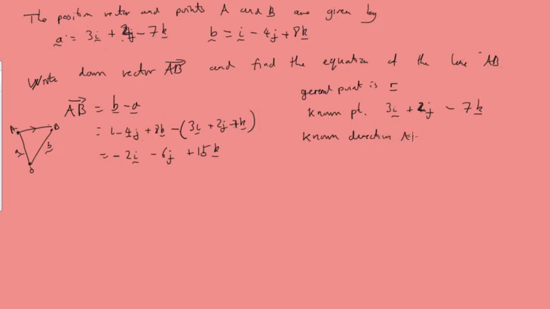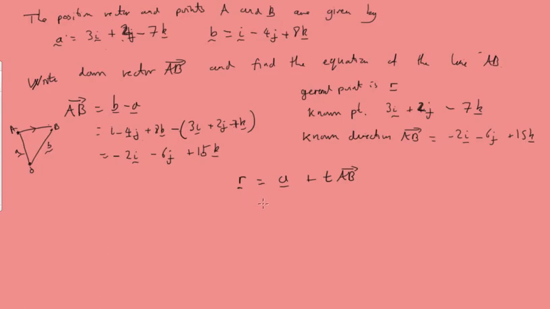AB is minus 2i minus 6j plus 15k. So we know that r is going to be equal to a plus t AB.